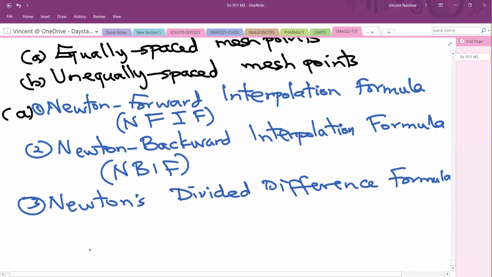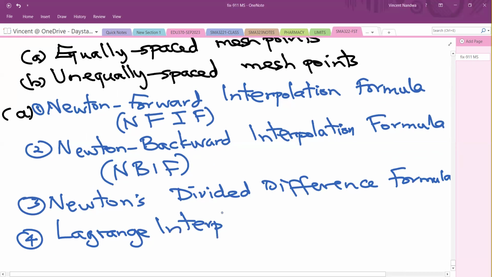And then number four, there's what we call the Lagrange interpolation formula.